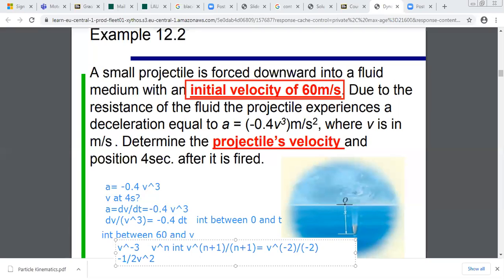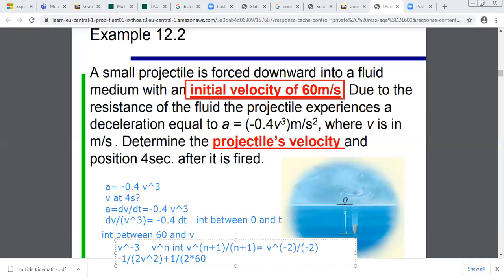And for the other boundary, which is 60, I do minus, it's plus. So plus 1 over 2 times 60 squared.